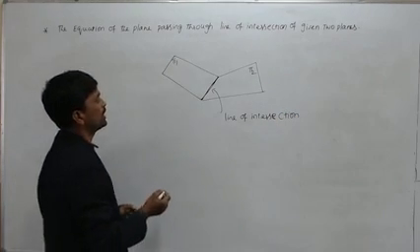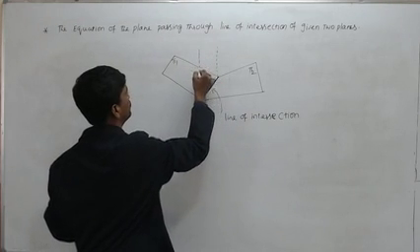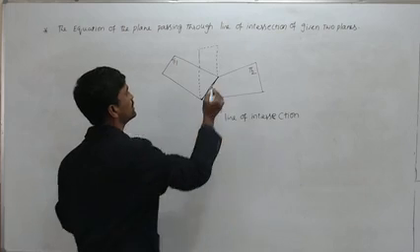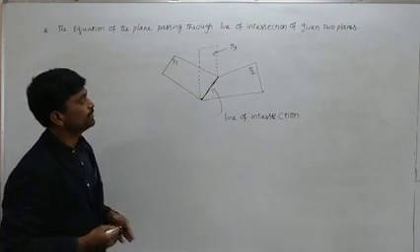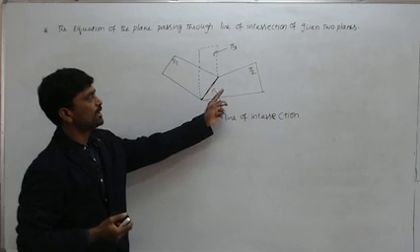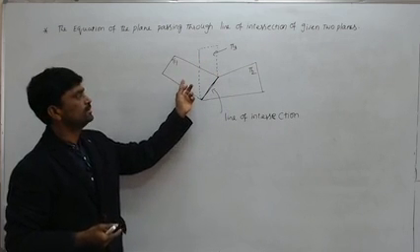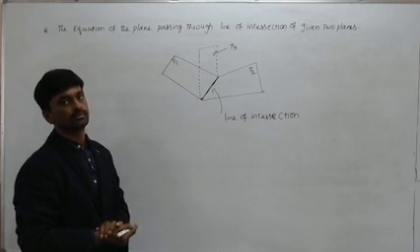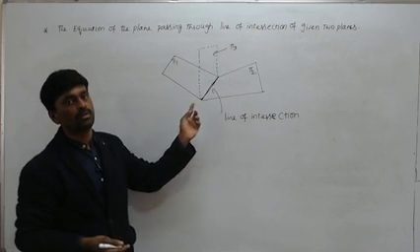Then how can I find the plane passing through this line of intersection? This is the plane pi 3, which is passing through the intersection of the planes pi 1 and pi 2. Like pi 3, how many planes can I draw?